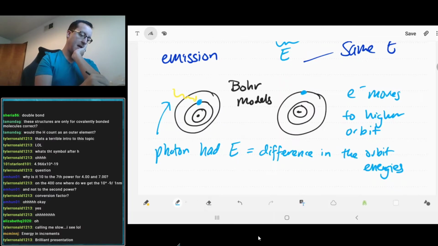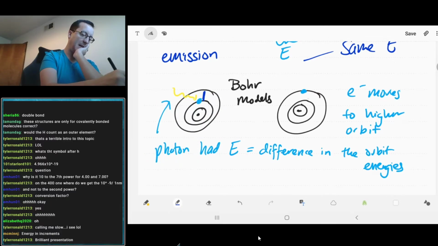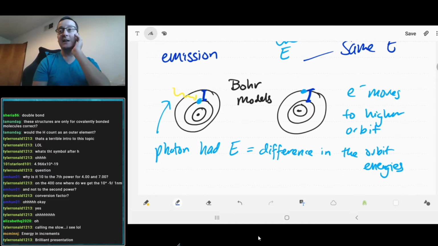In that case, it's whatever that distance is in dark blue there. So that's a specific energy photon that is able to promote that specific amount of energy to that next orbit.